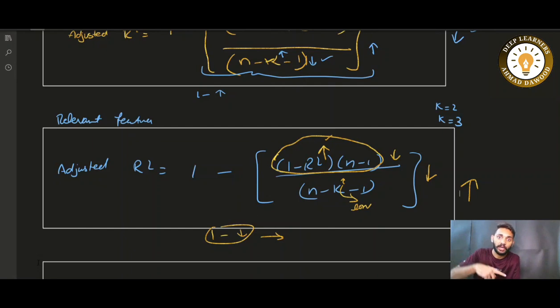Okay, and R square is good because of the way it explains things. If the R square is 0.8, then you can say 80% of the variation of your target column is explained by the model that you have trained.